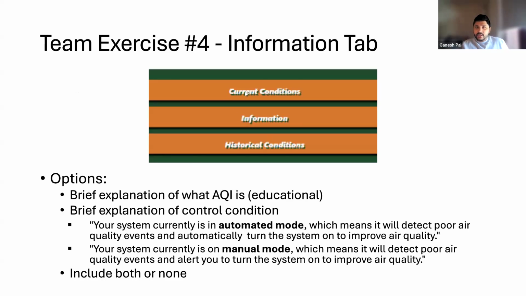As you all remember, we had three tabs that were supposed to be designed. We did not design the information tab for the current design, but I think this sort of information about the modes could be useful to include in an information tab. And the tab can even be just a pop-up that appears when you hover over the auto mode on the top left corner.